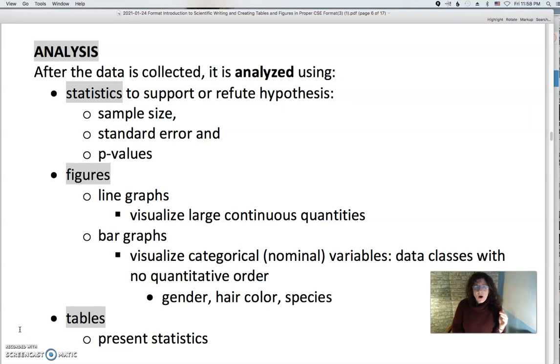Bar graphs are better for categorical variables, categorical data like eye color or sex, where it's either one thing or the other. It's not on a continuous measure. Those are great for bar graphs. And then tables can also be used in your analysis to present your statistics that you calculated.